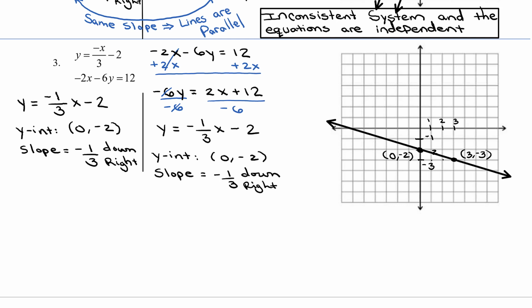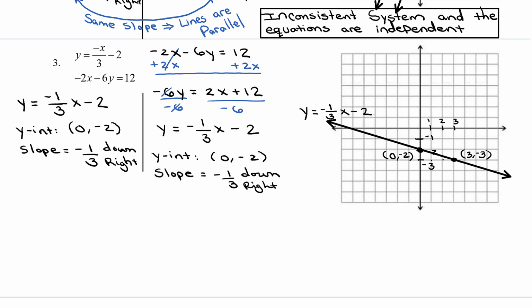So all the points on this line represent the solution to my system. If you remember, I think we mentioned how to write this before. First, let's label our line with the equation y equals -1/3 x minus 2.